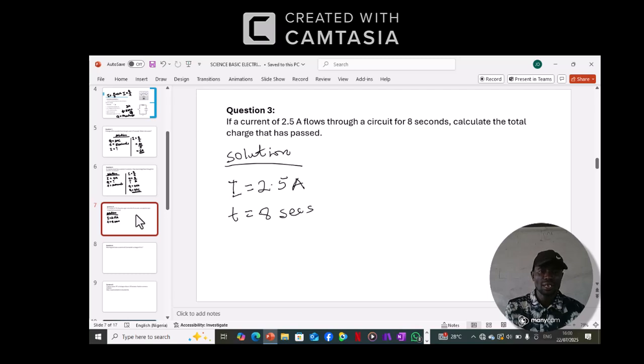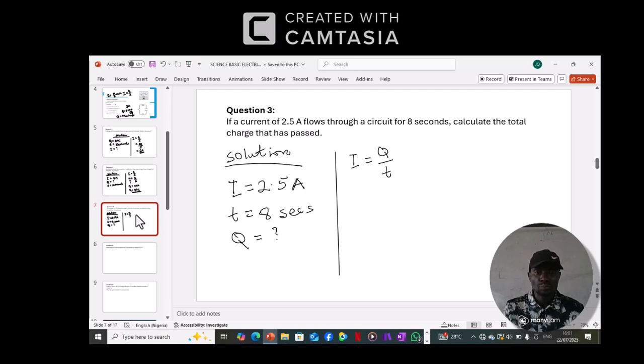Now to calculate Q, the total charge. Let's get the solution. Write the formula: I equals Q over T. So Q over T, and then you use 2.5.